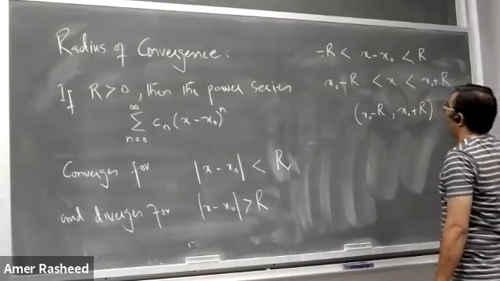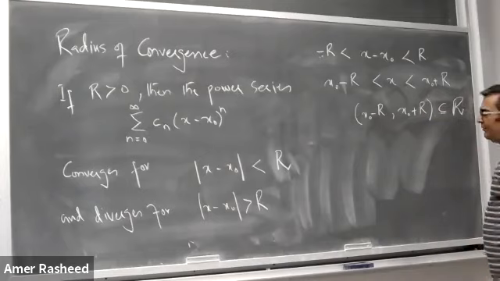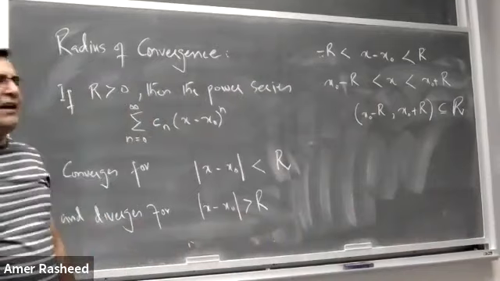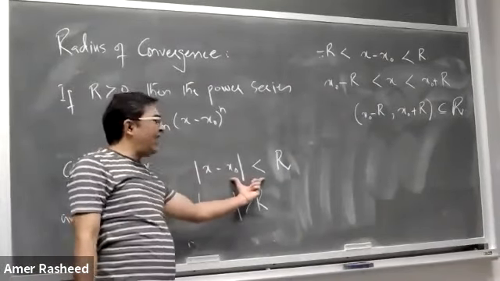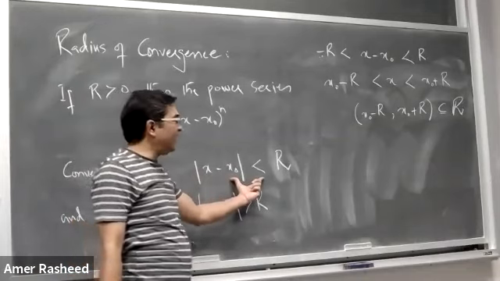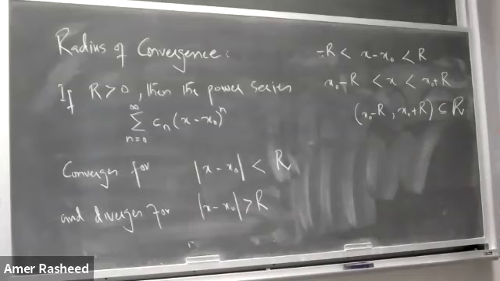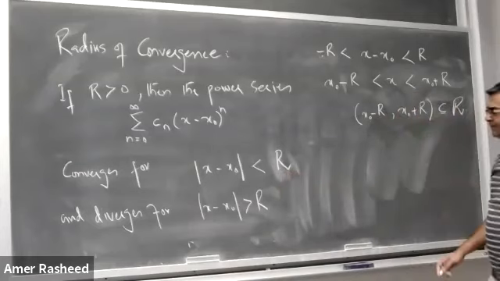This is always a subset of the set of real numbers. If any power series converges for every value of this interval, then this interval is called the interval of convergence, and R is called the radius of convergence.